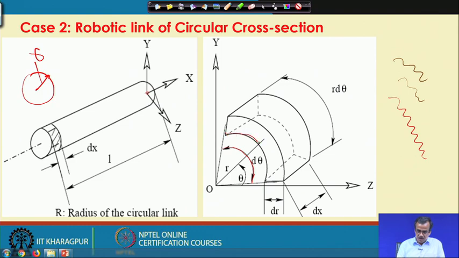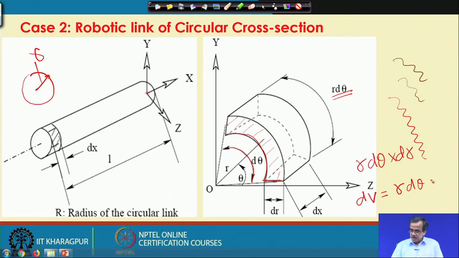So, this arc is r d theta, and this is dr. The cross sectional area of the shaded part is r d theta multiplied by dr. And to determine the volume, that is dV, we multiply this area r d theta dr by dx. So, this is the volume.